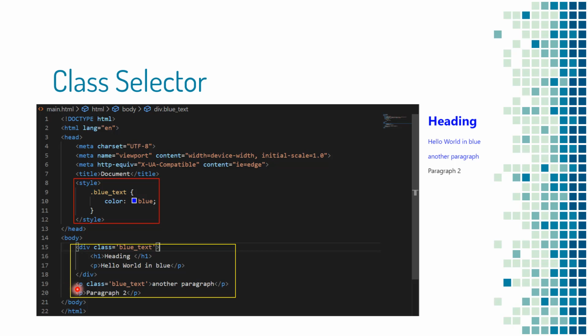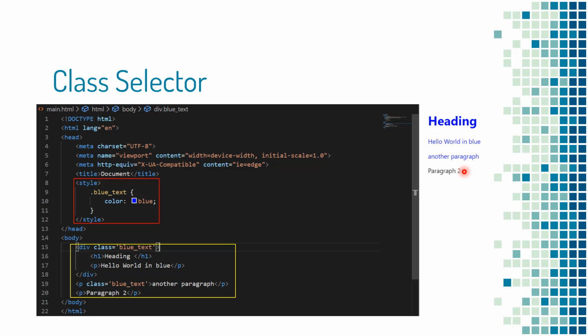Then in this paragraph we also have the same class name, that's why we applied another paragraph here. But in this paragraph we don't have any matching class name, right? Therefore we are using the default style here.